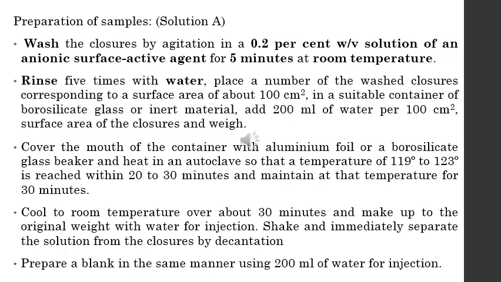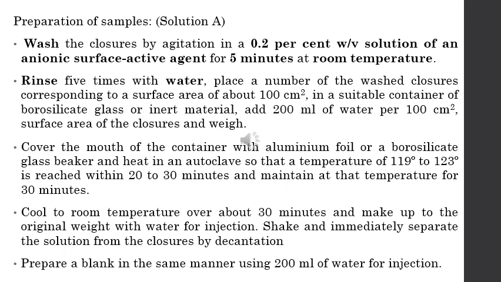The next step is to cool to room temperature, and then make up to the original weight with the water for injection. We noted the weight in the second step, so if there is any loss in volume, we make up with water for injection, then shake and immediately separate the solution from the closure by decantation.